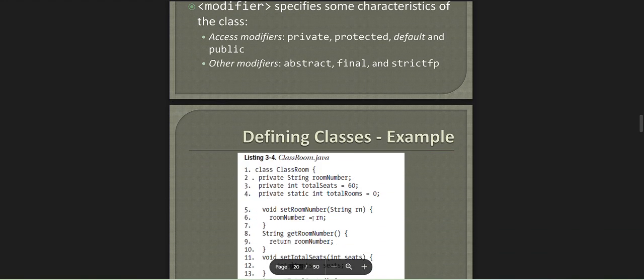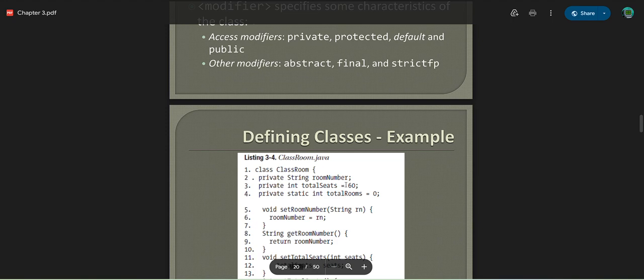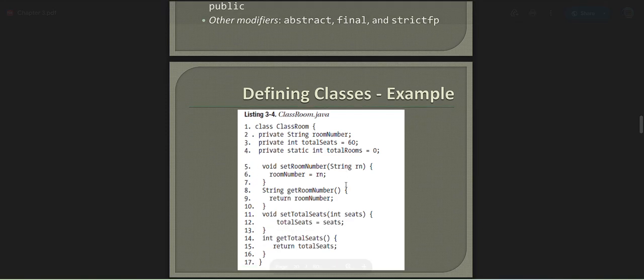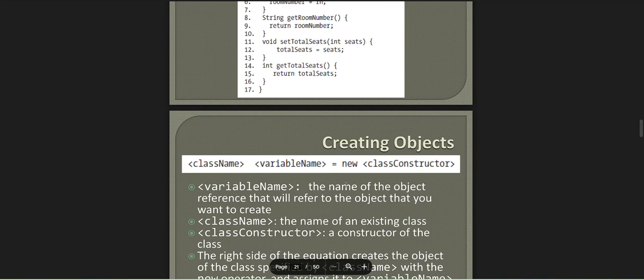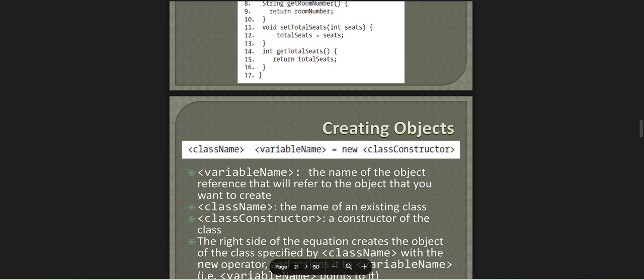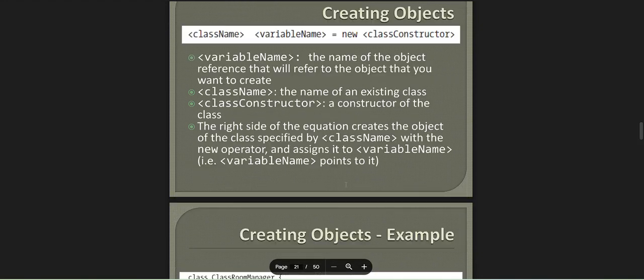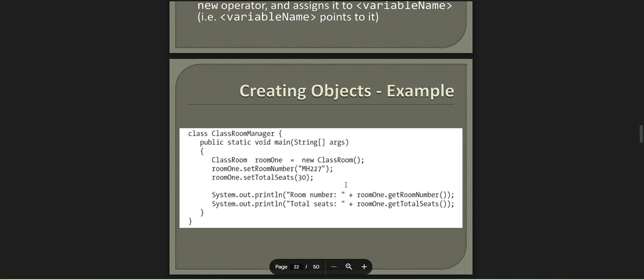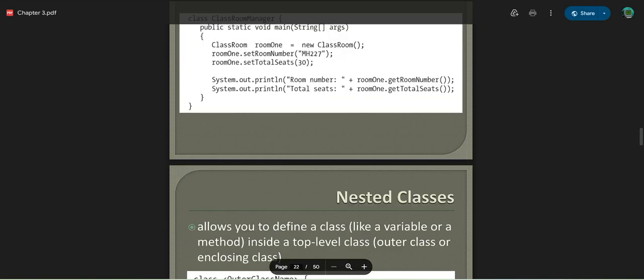Defining a classroom: private String roomNumber, int totalSeats, and public static int totalNumber; String getRoomNumber() { return ... }. The variable name is the name of the object reference that will refer to the object, and the class name is the name of the existing class. The constructor creates the object, for example the room manager.